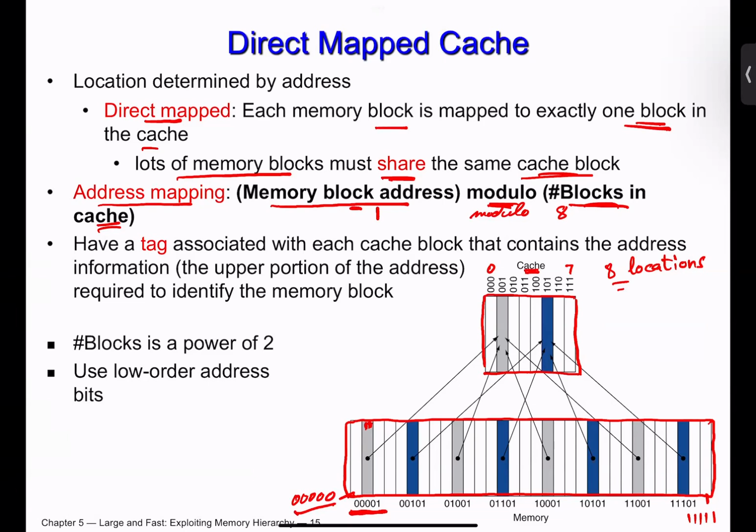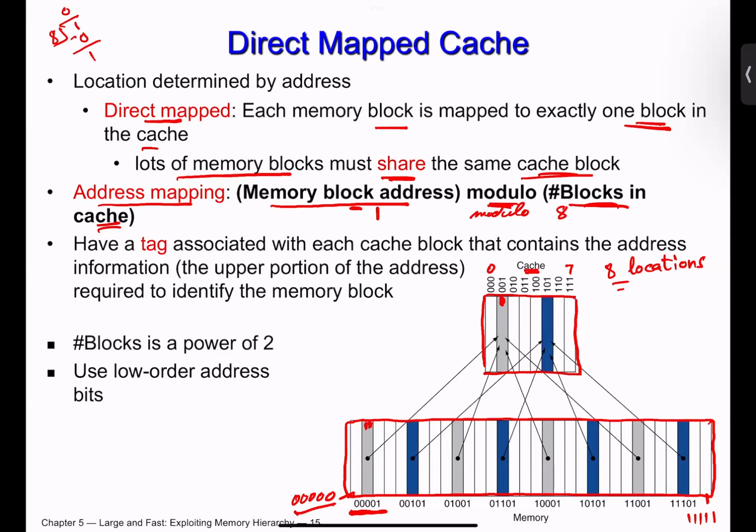Modulo means the remainder, correct? So 1 modulo 8 is 1. You can think of this as 1 divided by 8, which is 0, and 1 minus 0 is 1. So the remainder is 1. So you know now that your spot location is number 1. You have to go to number 1 and park.